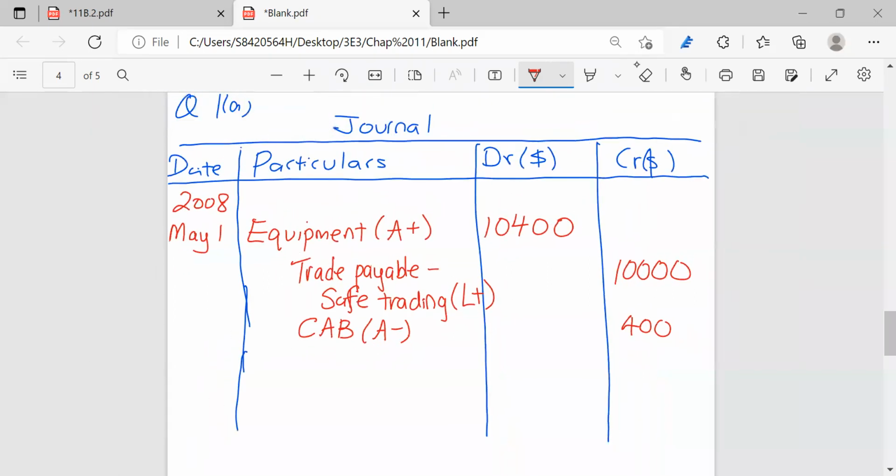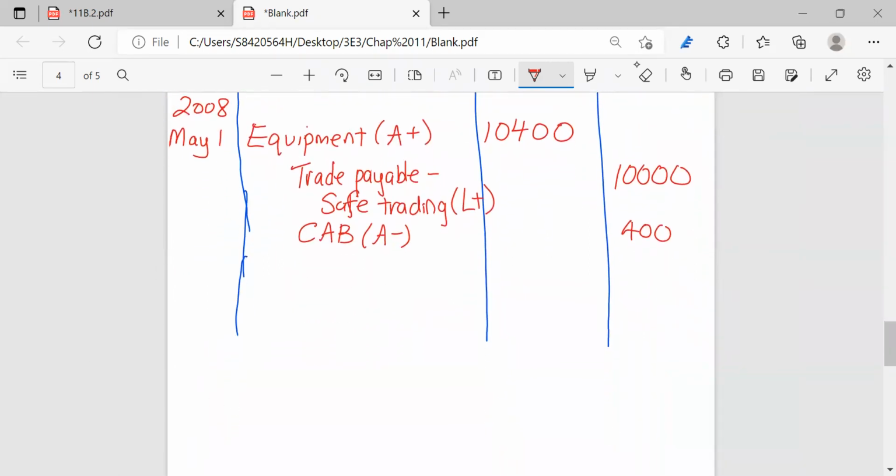But for your depreciation, it's done at the end of the financial year. So May 1st, 2008, it ends on 2009, April 30th. So what to debit and credit? Basically, you will debit your depreciation.